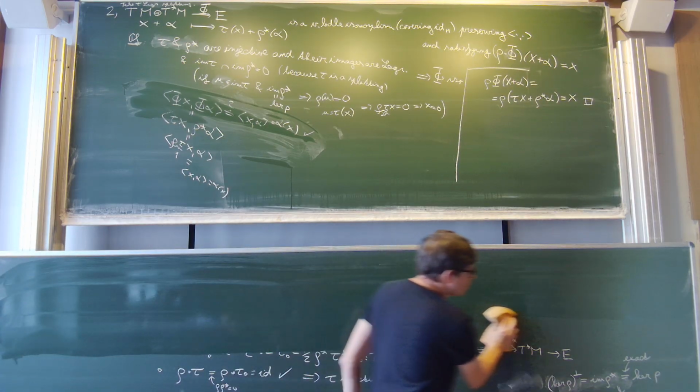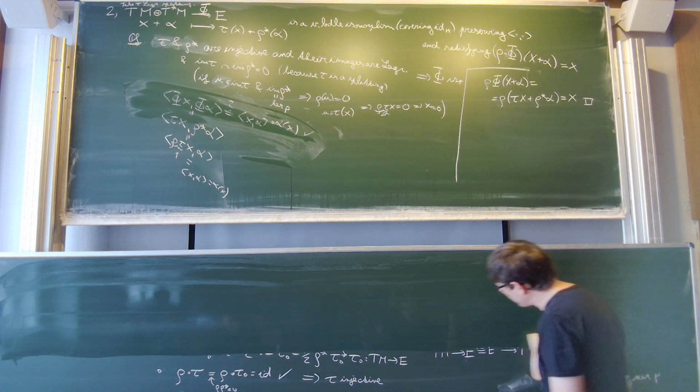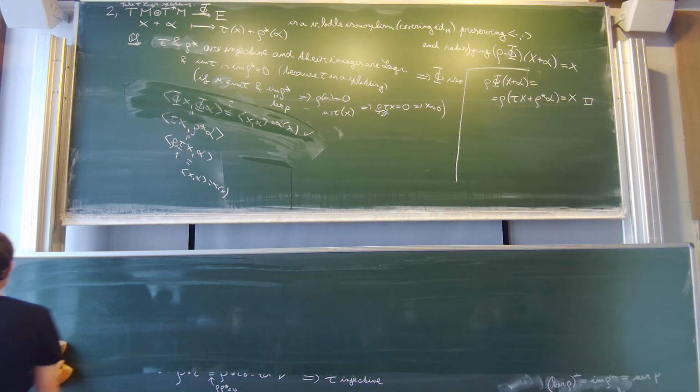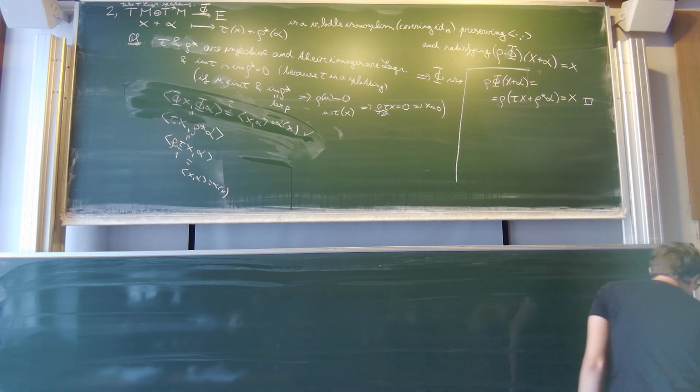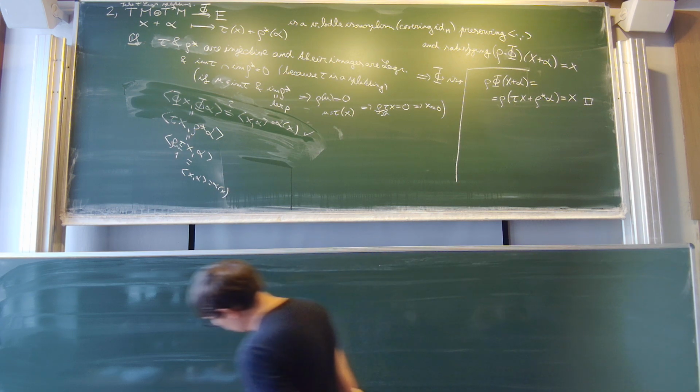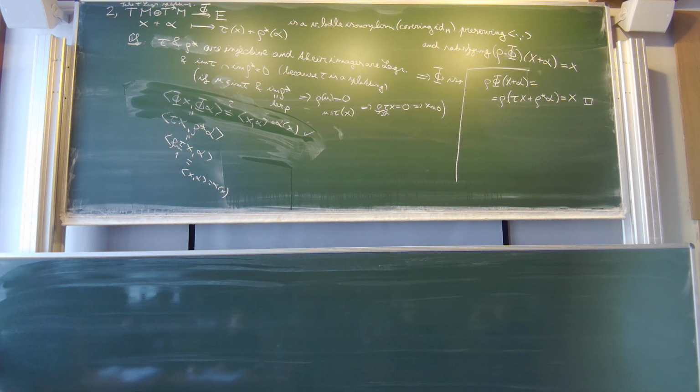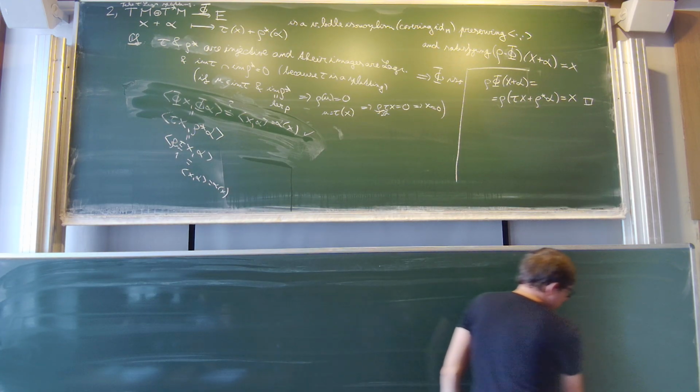If we don't care about the bracket, then every exact Courant algebroid has to be of the form T plus T star with the anchor and pairing given by these standard formulas. Or more precisely, for any exact Courant algebroid, there exists an isomorphism covering the identity which identifies it with one of our model cases. Now, what about the bracket?